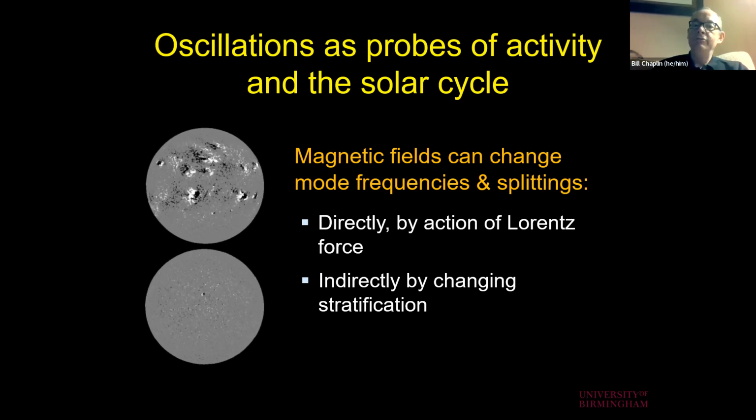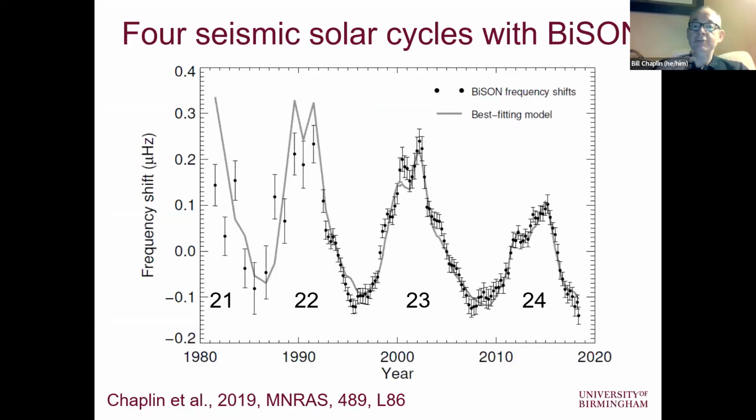As a result, it changes the propagation of the sound waves through those regions, and hence the frequencies of the modes too. So you've got these two reasons why, when you have changing patterns of magnetic field, not only over the surface of the sun but also internally within the sun, you might expect that to be driving changes in the frequencies of the oscillations of the sun. And that is indeed what we see.